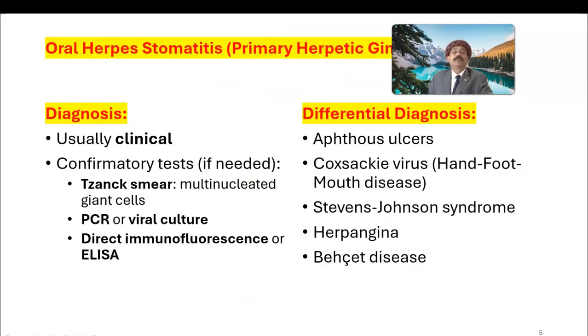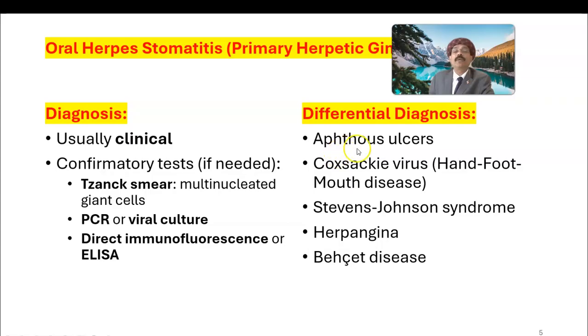So how to diagnose? Usually clinical diagnosis, with confirmatory tests if needed: Tzanck smear showing multinucleated giant cells, PCR or viral culture, direct immunofluorescence, or ELISA, enzyme-linked immunosorbent assay.